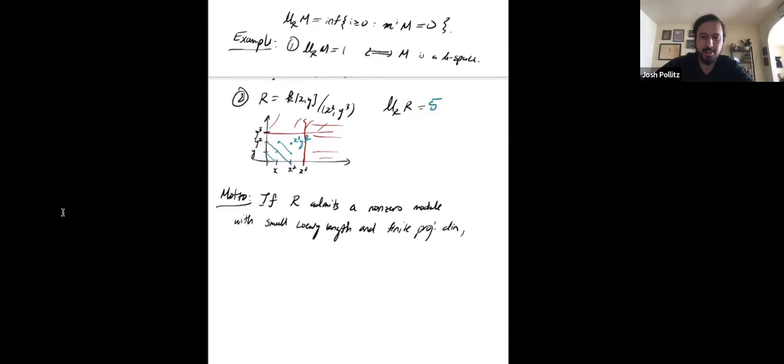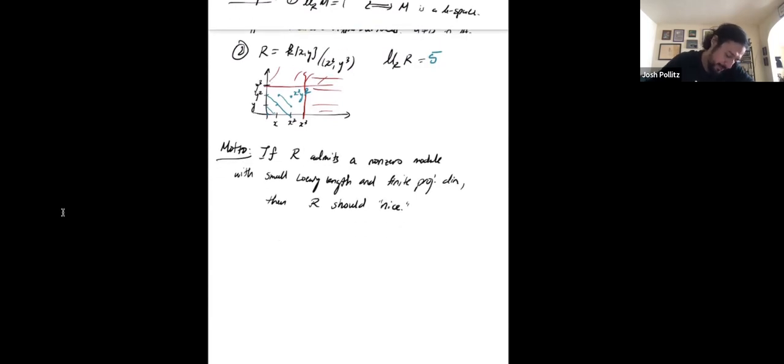The singularity of R shouldn't be that bad. For example, if the Loewy length of M is 1 and M has finite projective dimension, that implies you have a regular ring.